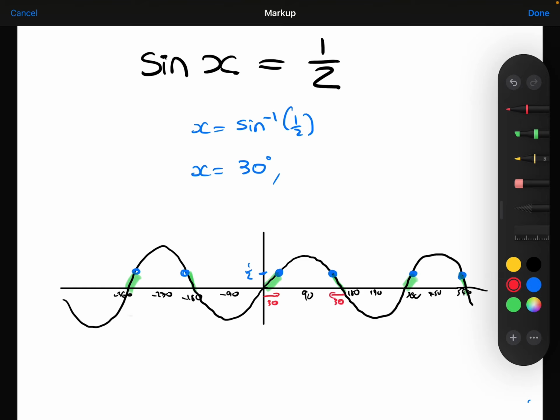So I know this is 30, and that's 30, and that's 30, and that's 30, and that's 30. So if this first angle here is 30 degrees, then this angle here is going to be 150, because 180 take away 30 is 150.